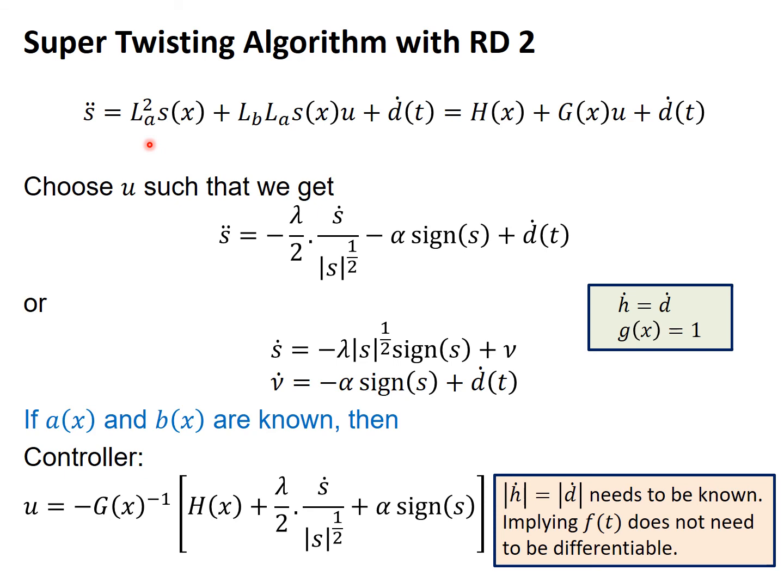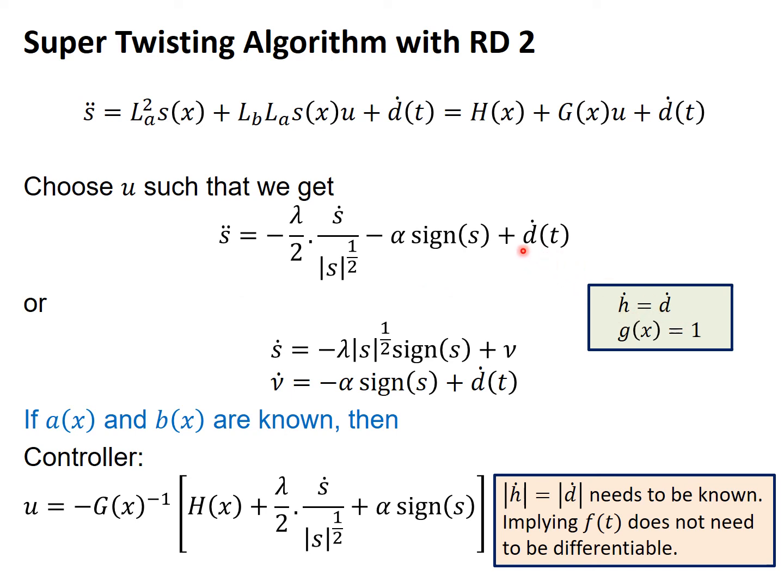So now our job is to choose such a U which will give us this form, because we have already proved this form. In the form that we have proved, you will see that H dot becomes equal to D dot here.